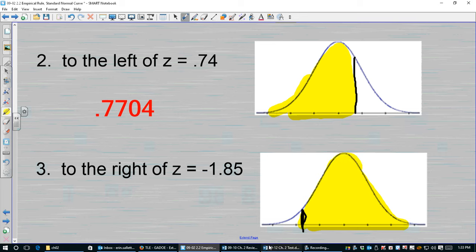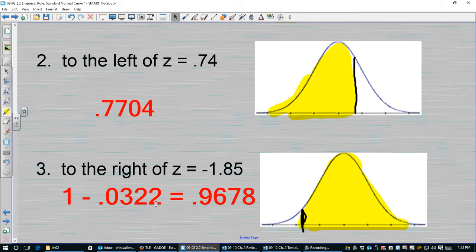It will only give me the area to the left. So in that circumstance, I not only look up my probability for a z-score of negative 1.85, I also then take that value and subtract it from 1. So the value from the table was 0.0322. I'm going to subtract that from 1 and get 0.9678. So that is the area to the right, or 96.78%.